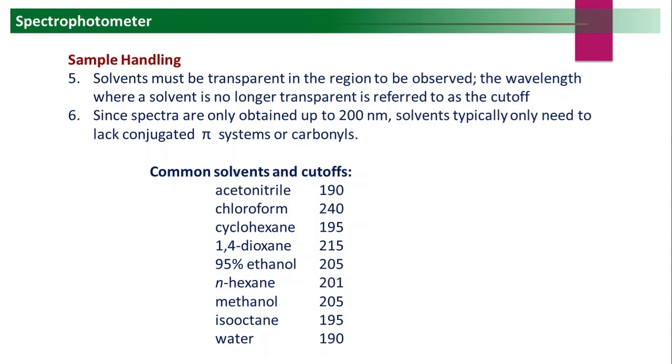These are the general solvents used in UV visible spectroscopy: acetonitrile, chloroform, cyclohexane, 1,4-dioxane, 95% ethanol, n-hexane, methanol, isooctane and water. These are the various solvents we can use, and these are their cutoff wavelengths.